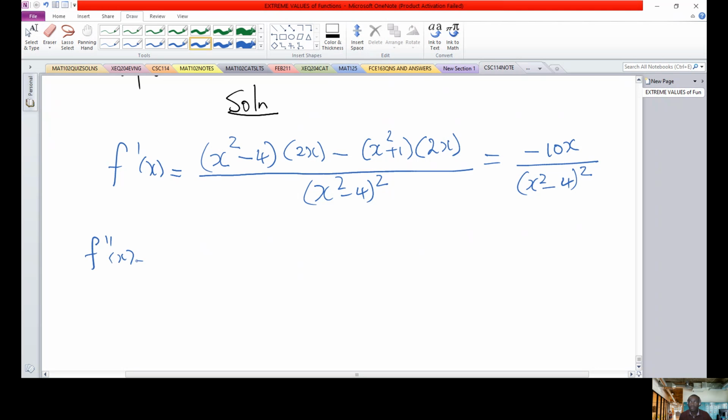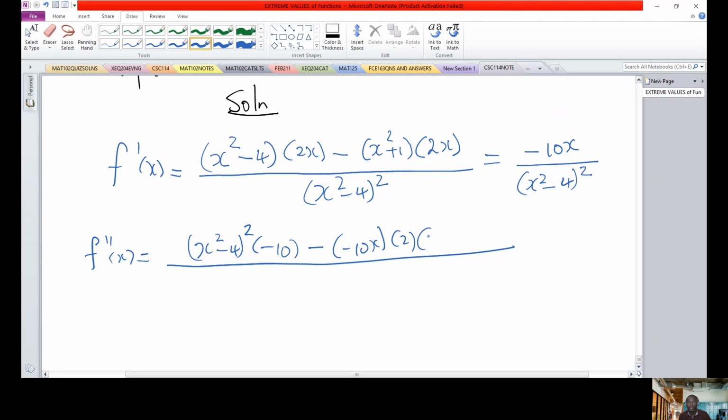Second derivative, also using the quotient rule, we'll have x squared minus 4 squared times minus 10, minus minus 10x times 2 times x squared minus 4 times 2x, divided by x squared minus 4 to the power 4.